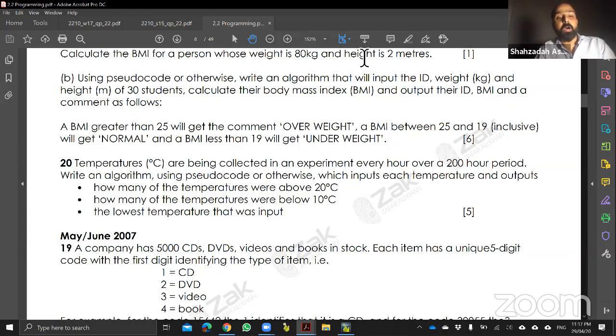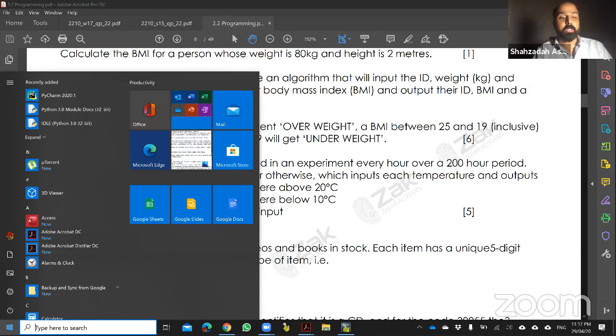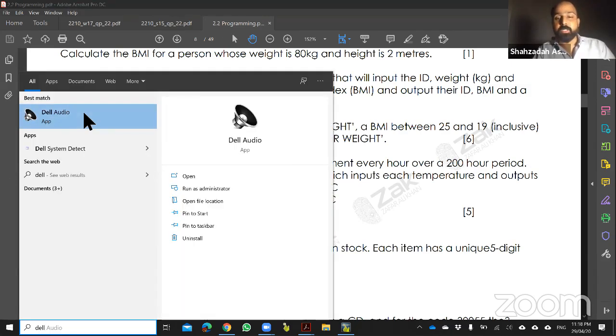And we also need to count how many temperatures are below 10 out of those 200 temperatures. And thirdly, we also have to isolate the lowest temperature. In all of those 200 readings, which temperature value is the lowest? So this is the question.